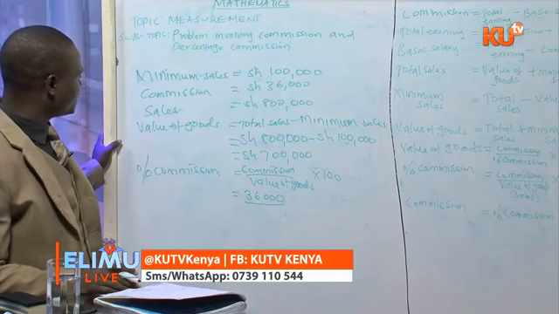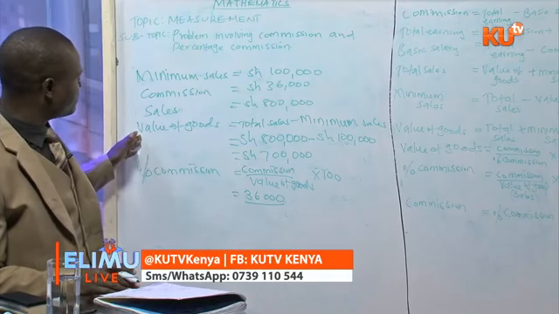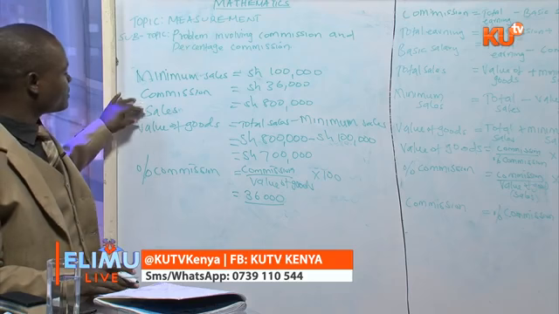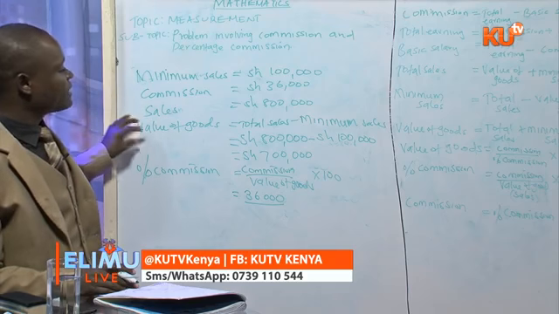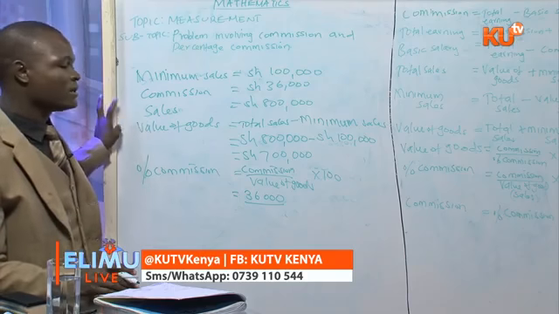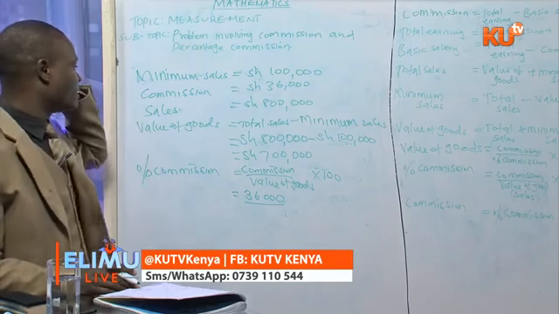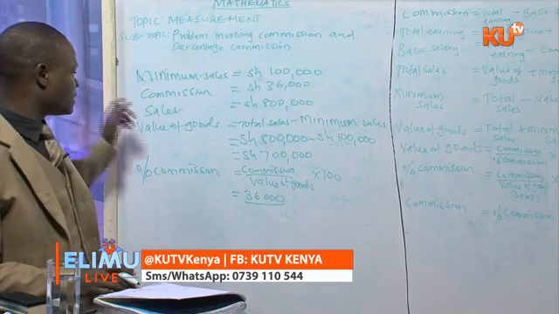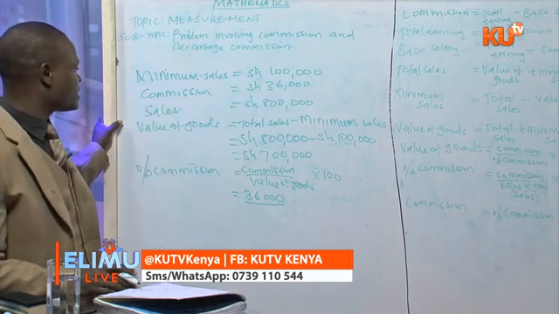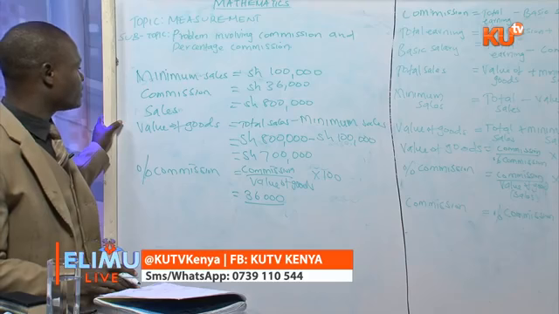700,000. Now, many times learners confuse the value of goods and sales. When we are given the minimum sales together with the total sales, it is important that we find the value of goods from which that person is supposed to get commission. You cannot divide by the total sales, because this person was not given commission on all the total sales.